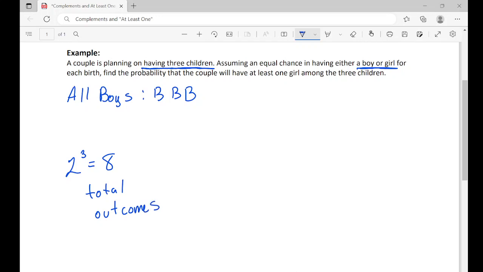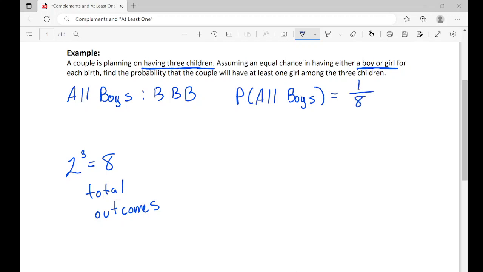Now, what's each one? I don't know, but it doesn't really matter because I know there are 8 total outcomes. So I know the possibility of having all boys, there's only one way to have it. All 3 are boys. So the probability of all boys is 1 out of 8.